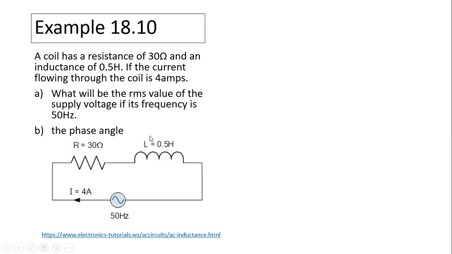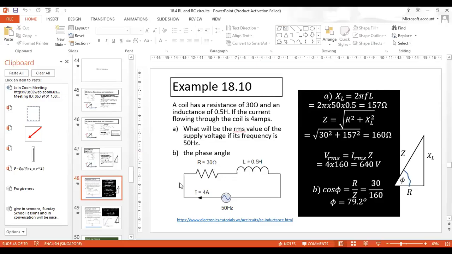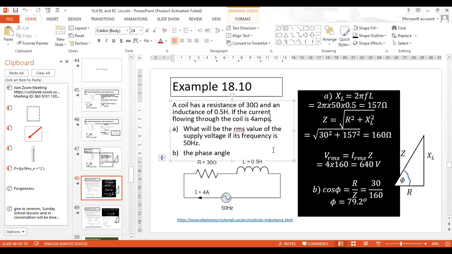So you have to find the reactance here first. Calculate the supply voltage. Okay, try and see. Don't look at my answer. Try and see.